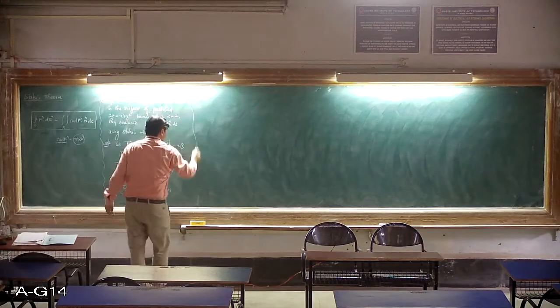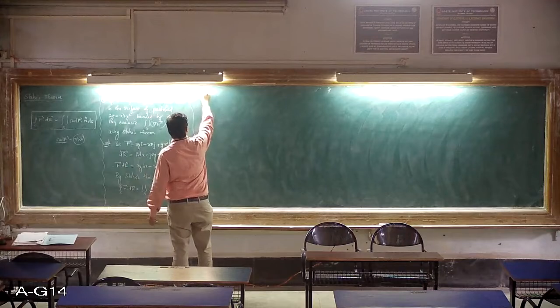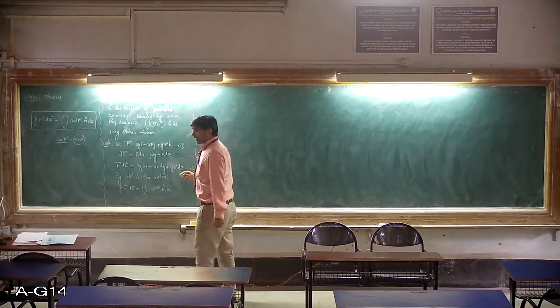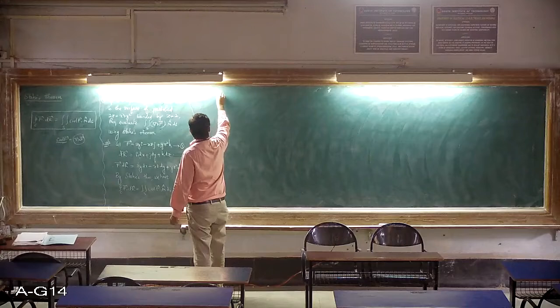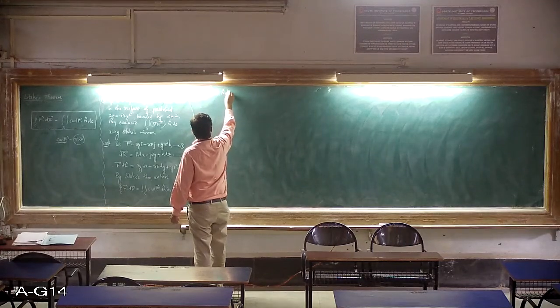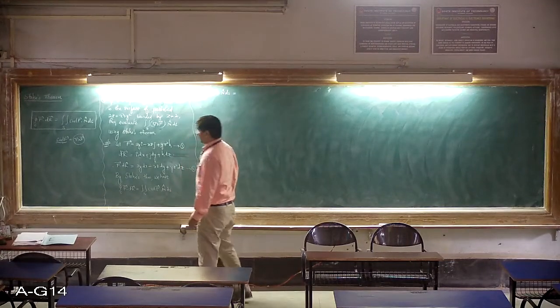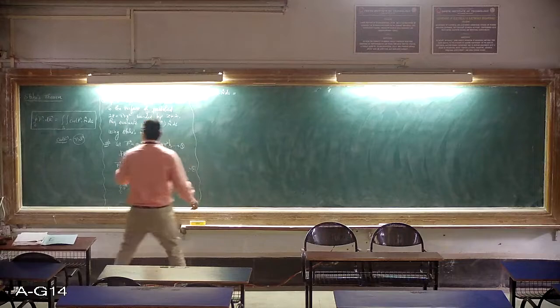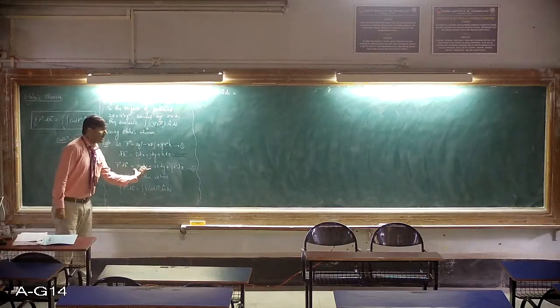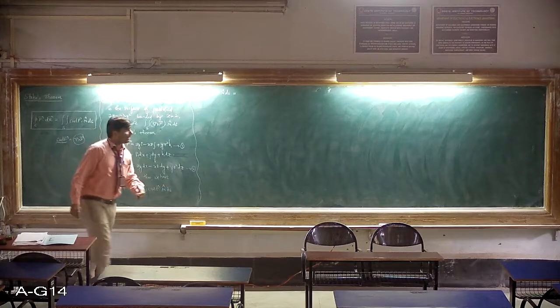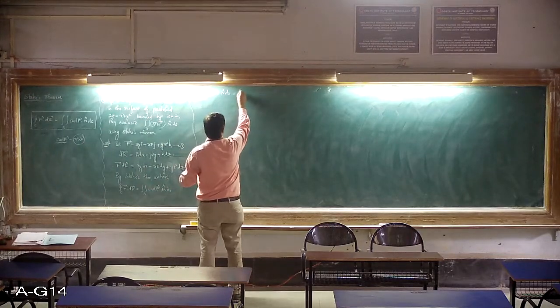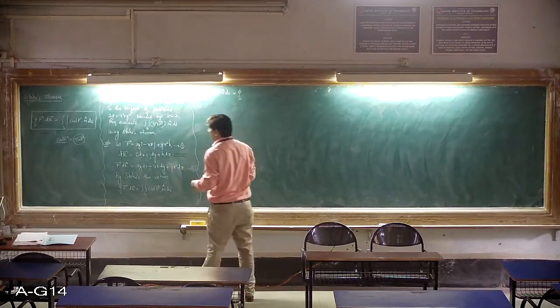So the double integration over S of del cross F dot n cap into dS is equal to F dot dr, and the F dot dr value is already here. F dot dr is 3y dx minus xz dy plus yz square dz. Okay, write it, then integration over a closed curve C.